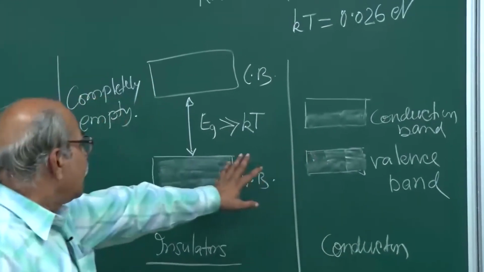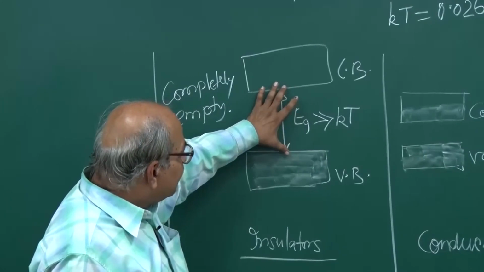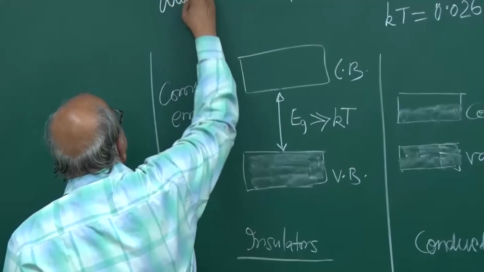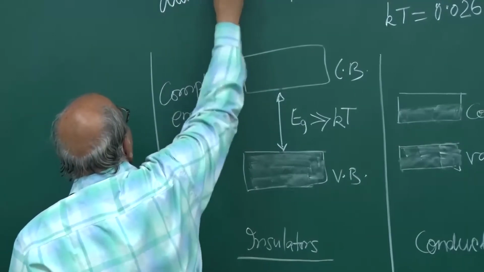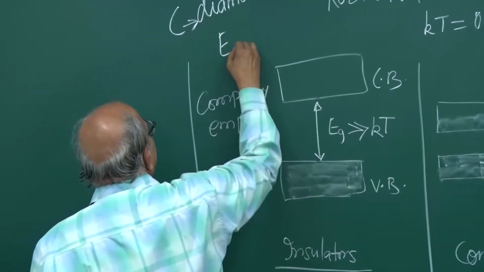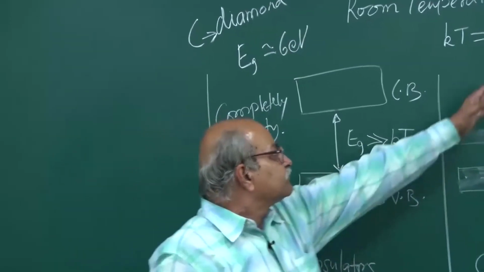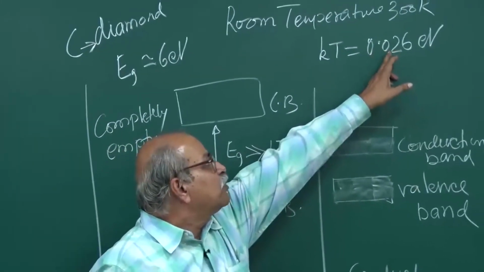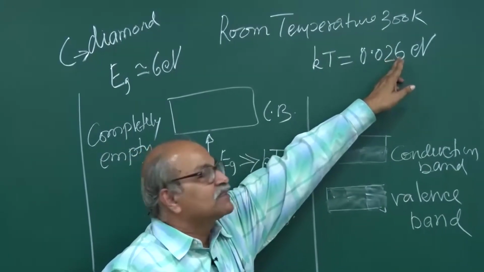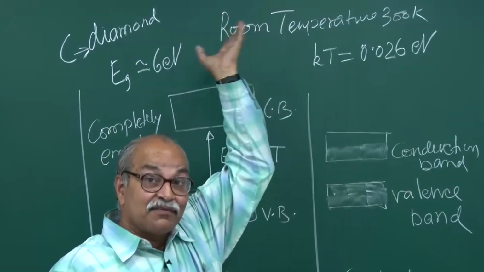So, if you have this kind of situation where this gap is large, let us say for example carbon in diamond form, this gap Eg is about 6 electron volts. So compare, 10 times of this will be 0.26, 100 times will be 2.6, and this is 6, so several hundred times of this kT.